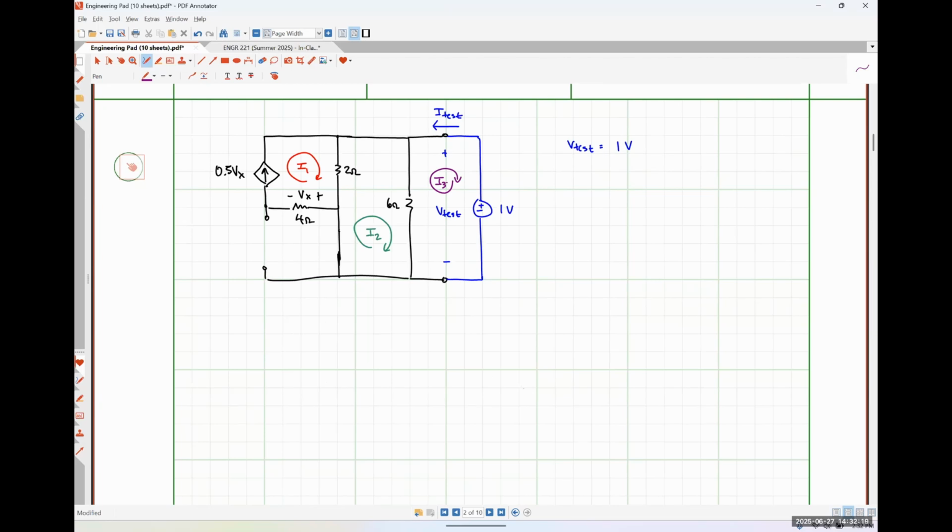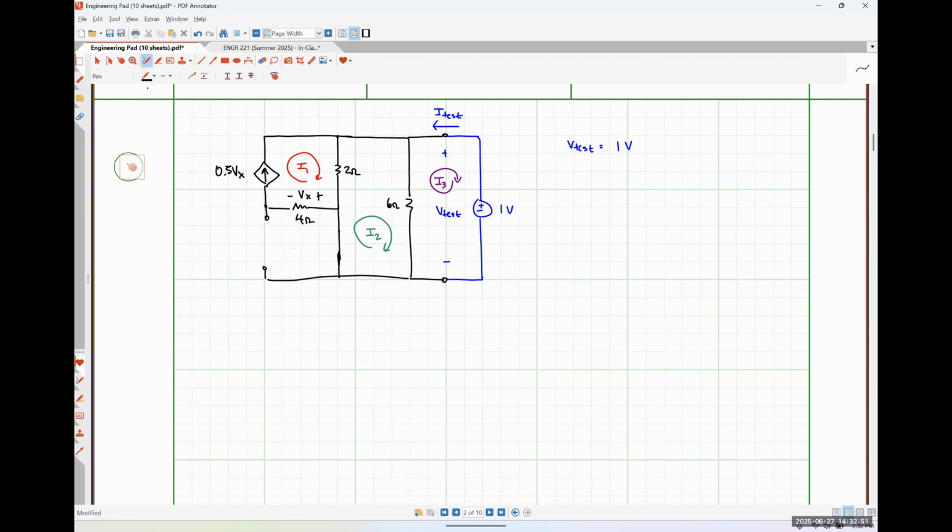If we put a mesh current down here, let's call it I4, this guy has to be 0 because there's an open circuit in this path. That's a mistake I commonly see students make, including meshes or mesh currents for meshes that contain an open circuit. It's pointless. That current has to be 0.